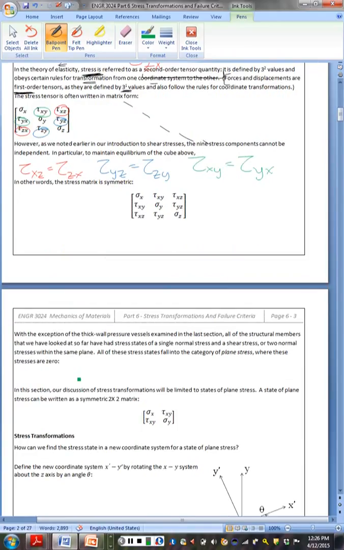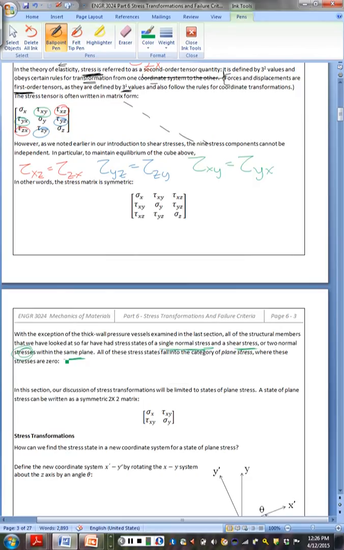In the cases that we are dealing with in this class, with the exception of the thick-walled pressure vessel case, which is in Part 5, everything that we've dealt with has had a single normal stress and a shear stress, or 2 normal stresses in the same plane.